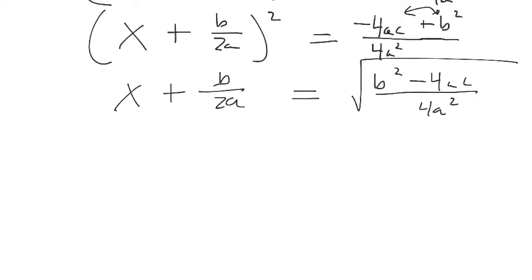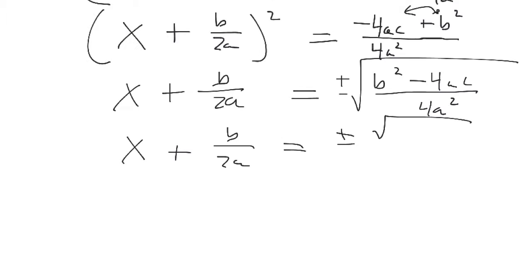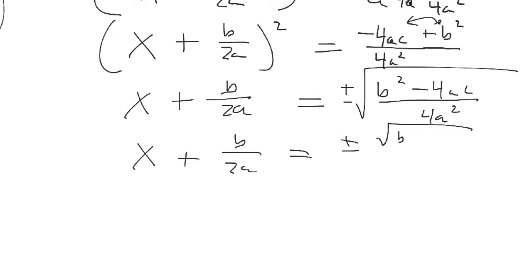Simplifying the right hand side, oh, and I also need the plus or minus. You get plus or minus the square root of the numerator, b squared minus 4ac, all over the square root of the denominator, which is 2a.